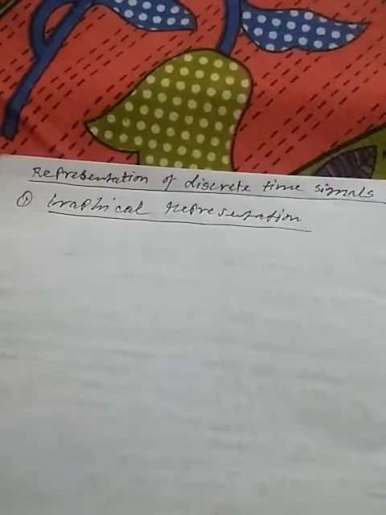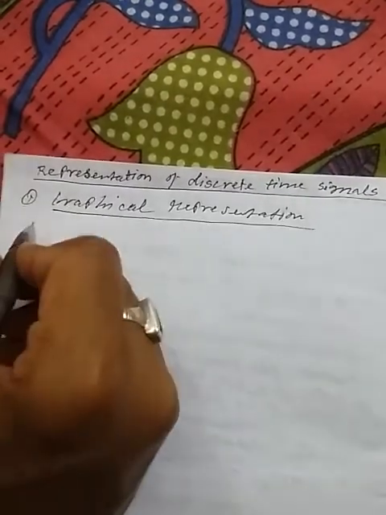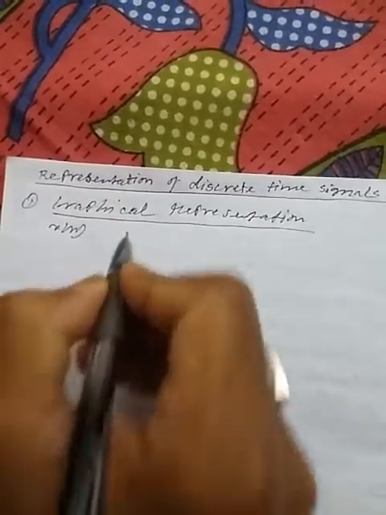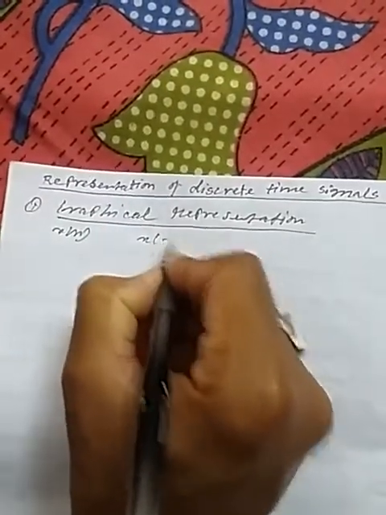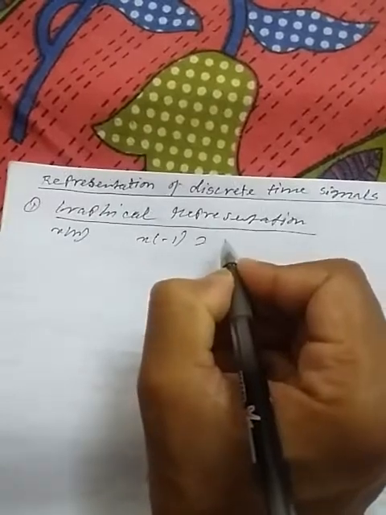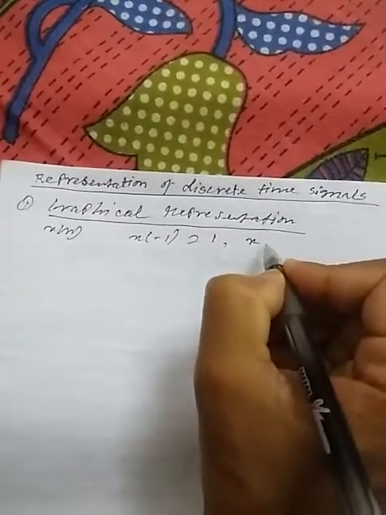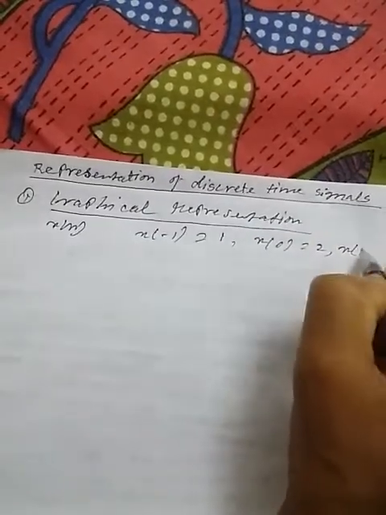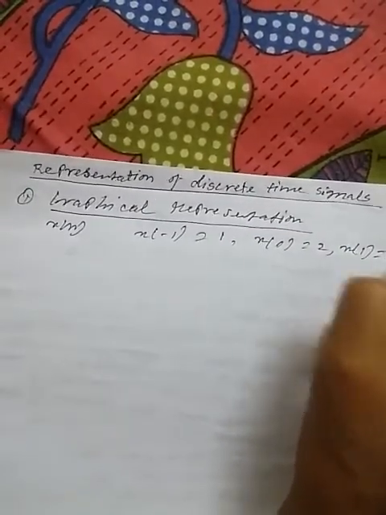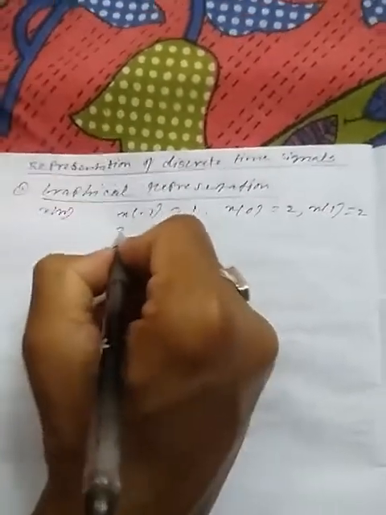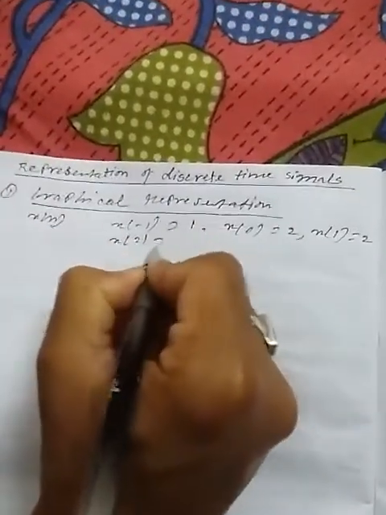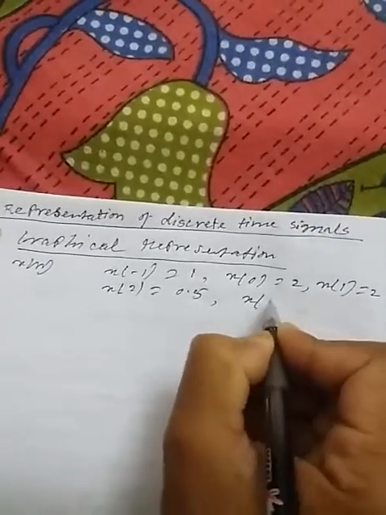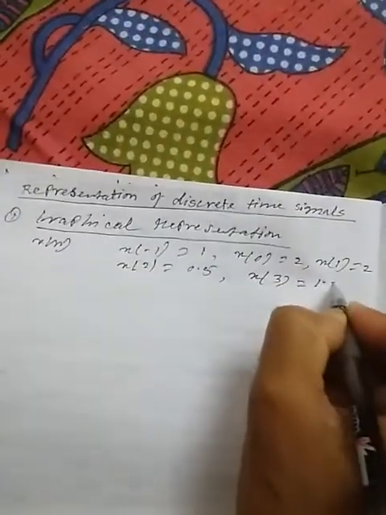Suppose any discrete time signal x[n] has some values: x[-1] equal to 1, x[0] equal to 2, x[1] equal to 2, x[2] equal to 0.5 and x[3] equal to 1.5.